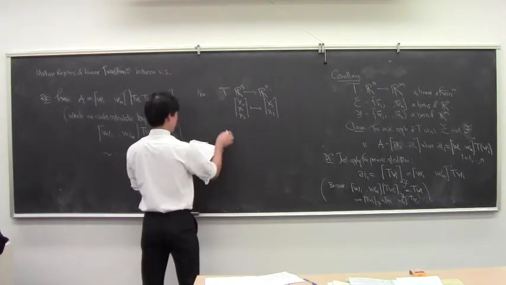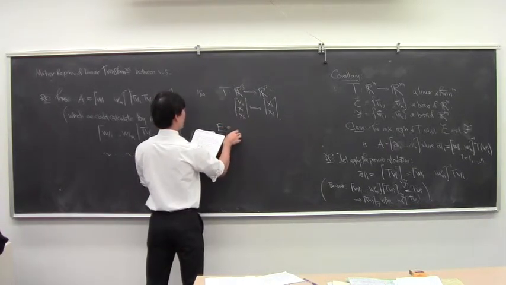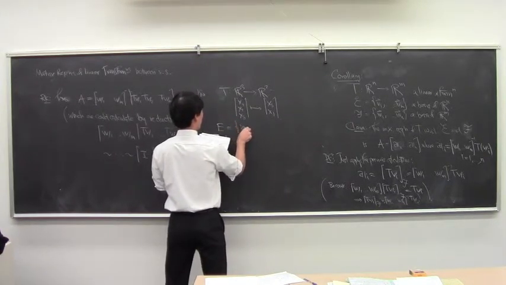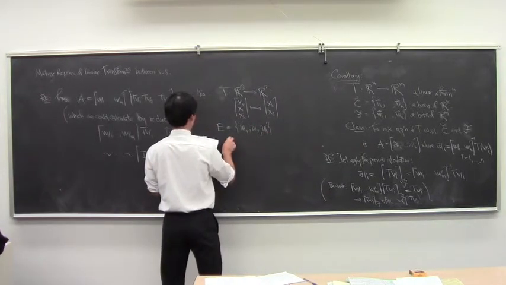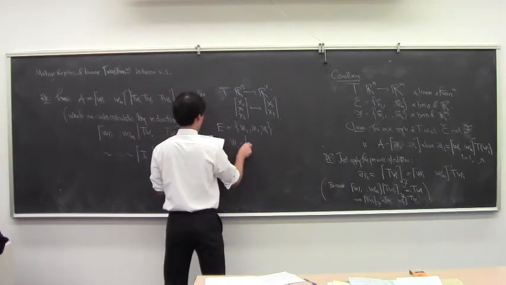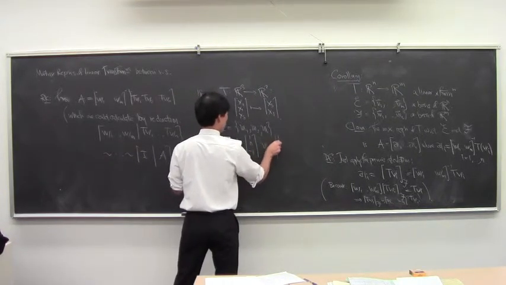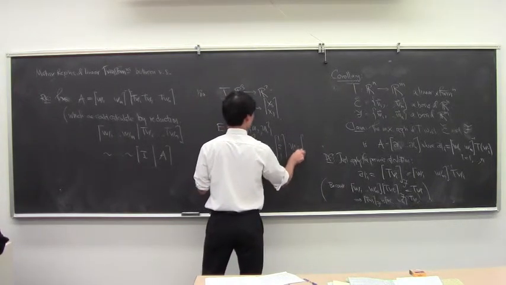You have a basis of the first space, U1, U2, U3, where U1 is 1, 0, -1. U2 is 1, 2, 1, and U3 is -1, 1, 1.